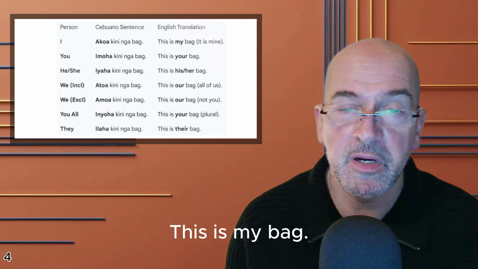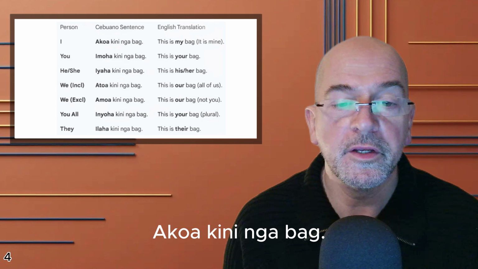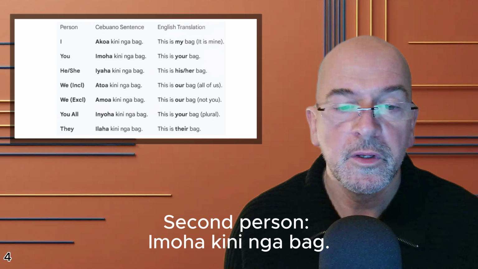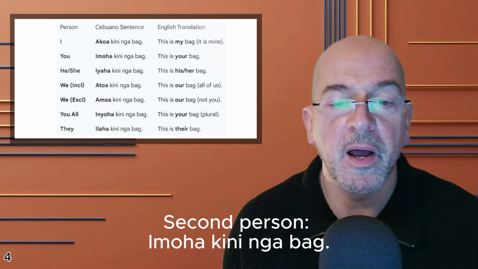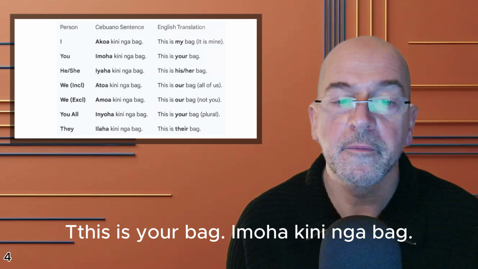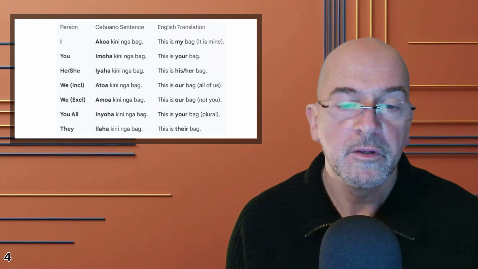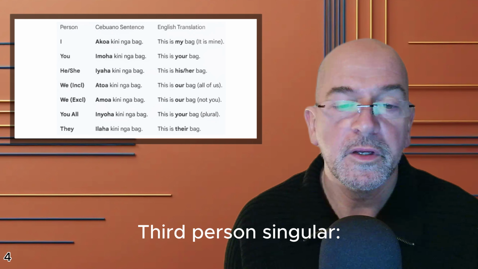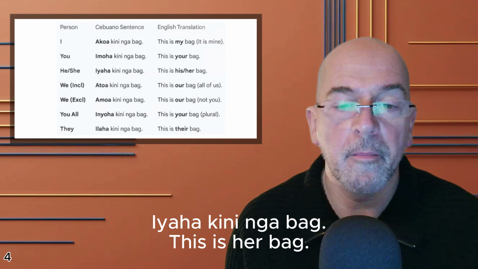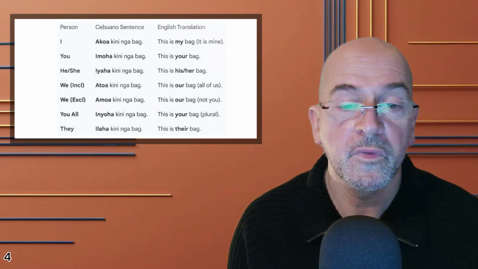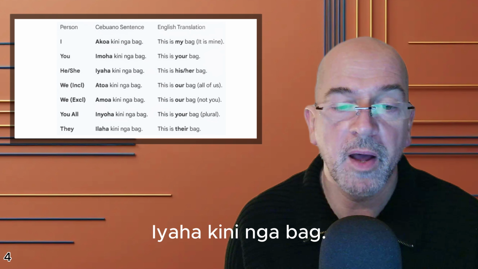This is my bag. Second person, imoha kini nga bag. This is your bag. Third person singular, iyaha kini nga bag. This is her bag. This is his bag.